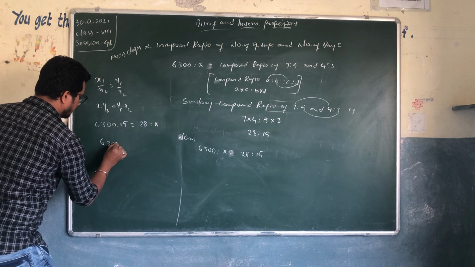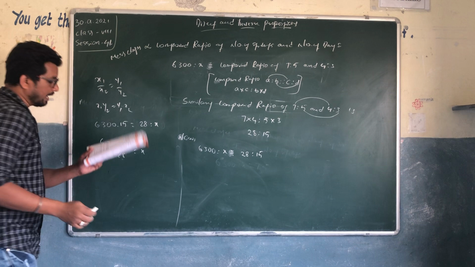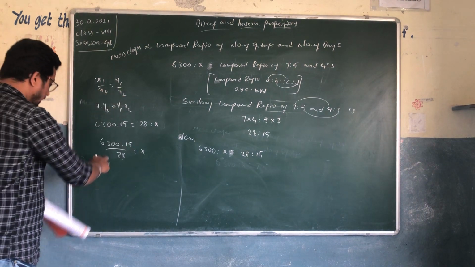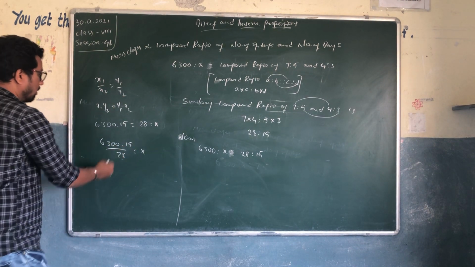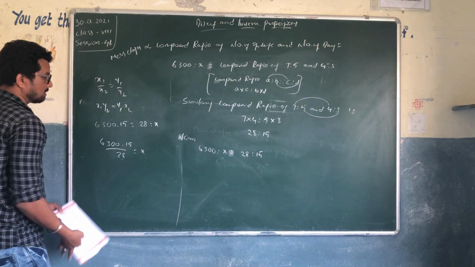So 6,300 into 15 by 28 is equal to x. Now let us find the calculation for this. After this you can write the steps.